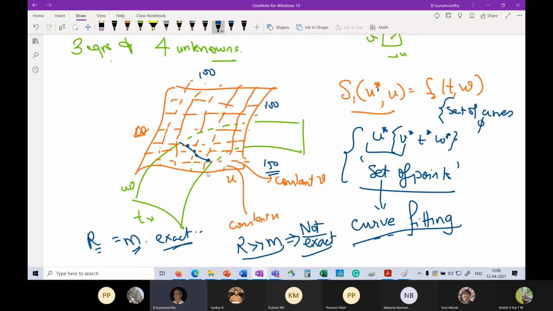But the situation that prevails in the intersection problem is that the number of points that you get can be quite large. Because of my difficulties in drawing it here, I get a smaller number of points. We will see an example or an illustration further down, which will show you actual numbers. We find that the situation that is more likely to prevail is that the number of points is larger than the number of control points that you want, and therefore you are reconciling yourself to a solution which is not exact.